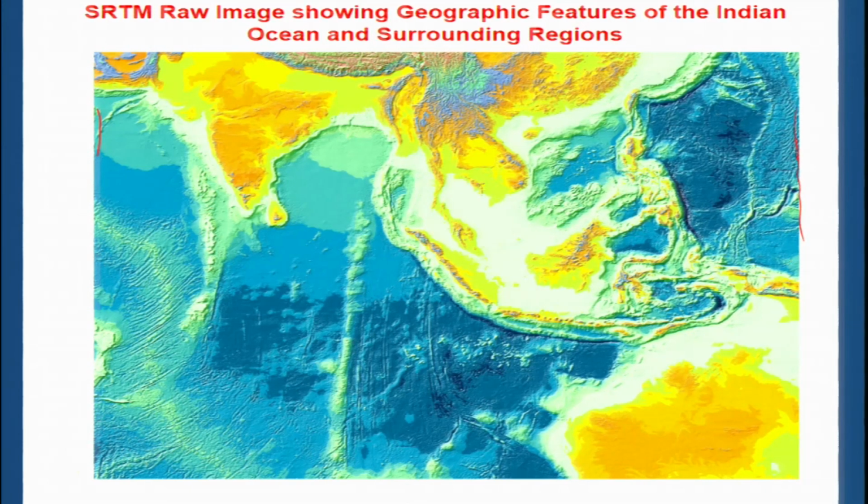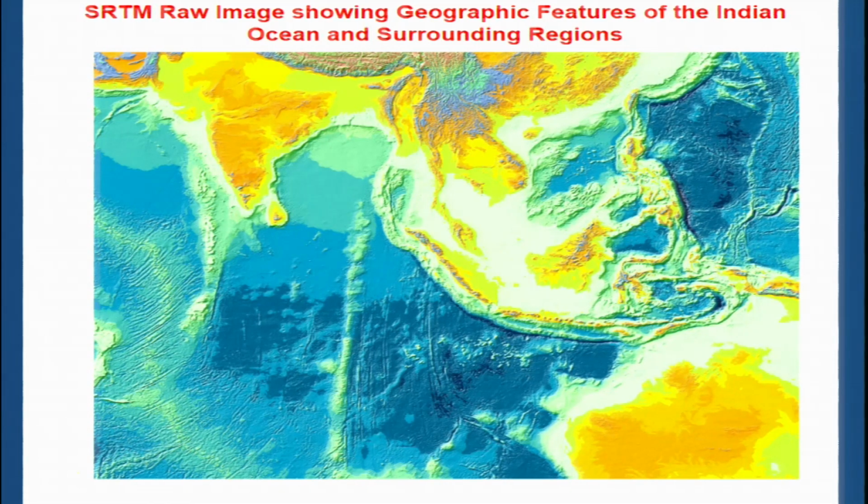So now if you see this image, you will be able to extract only the most obvious information about the continental land masses and oceanic regions, but how to make this map more informative.